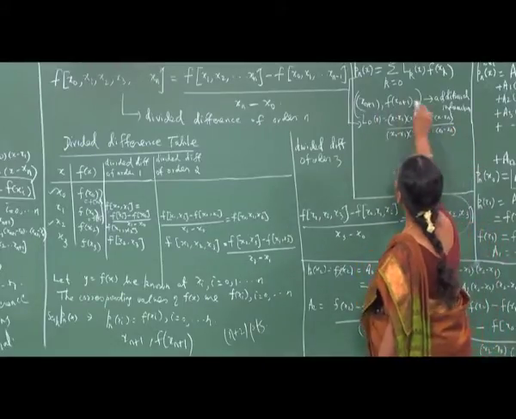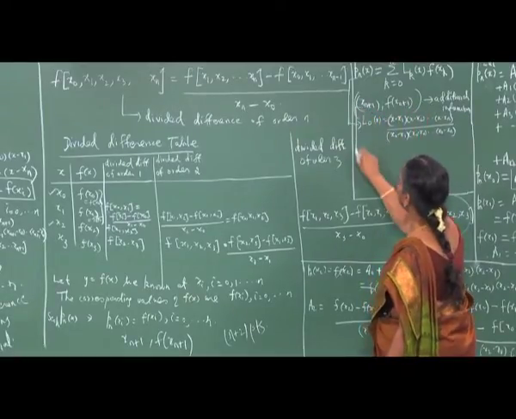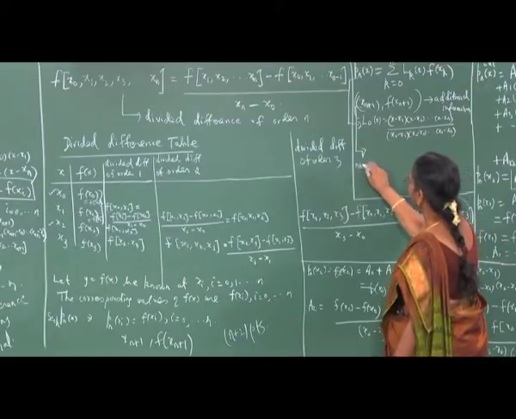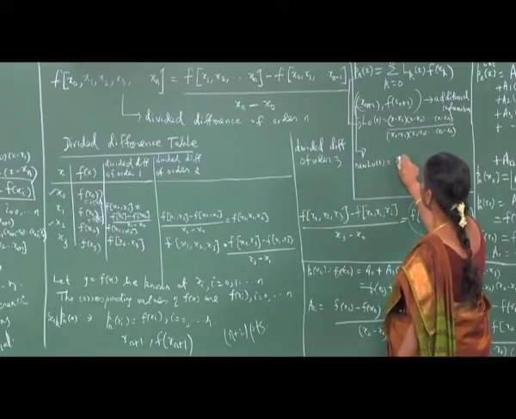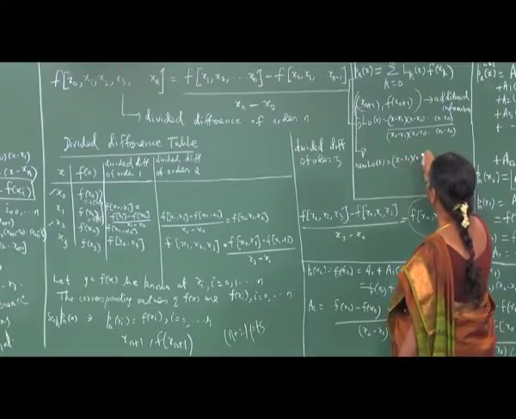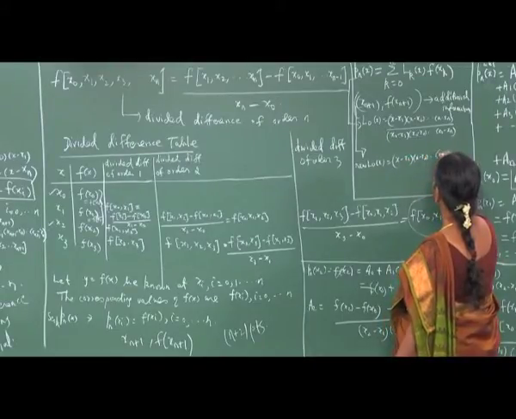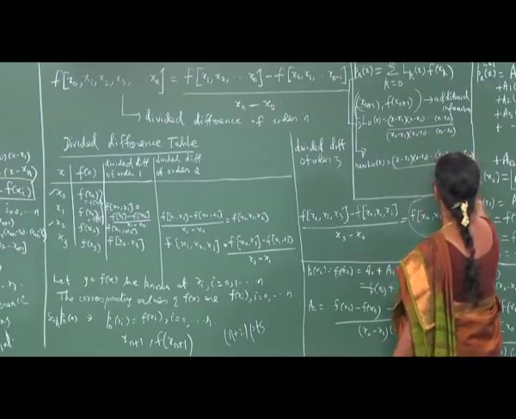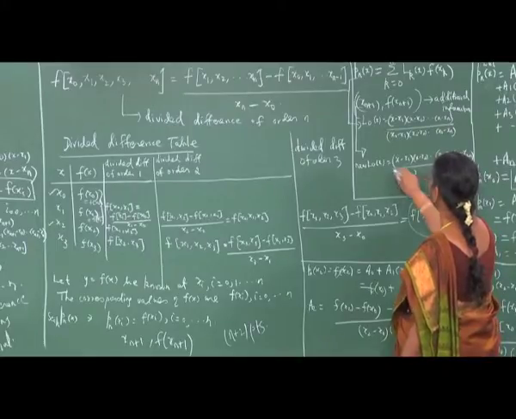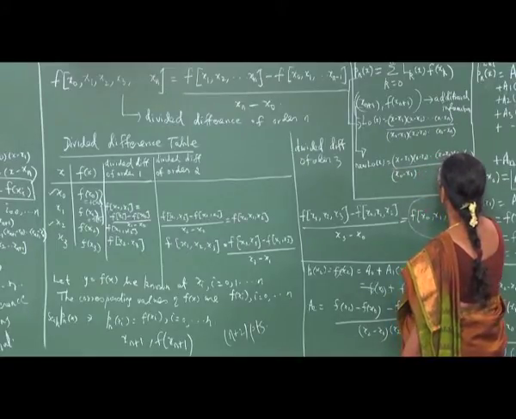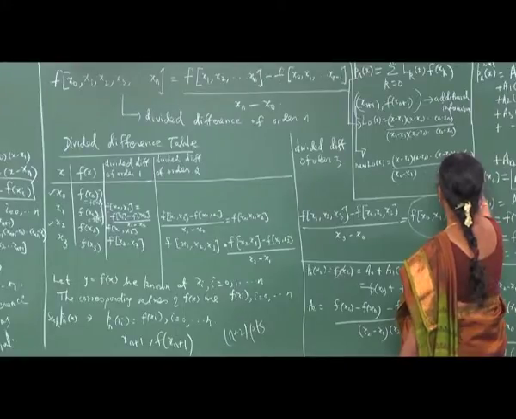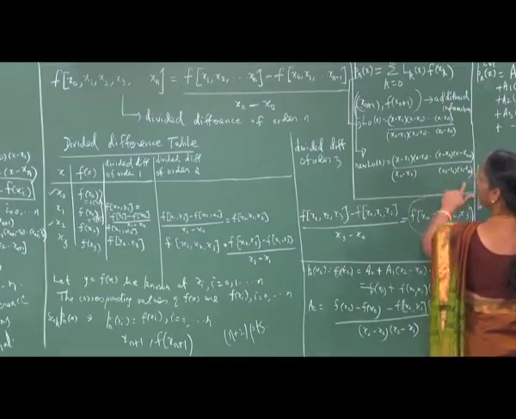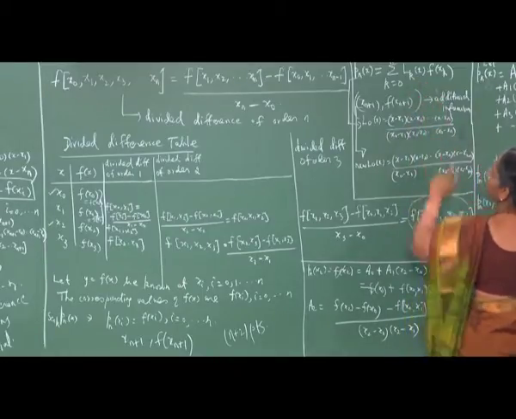But if you want to construct a polynomial of degree now n plus 1 to incorporate this additional information, the new L naught of x must be x minus x1 into x minus x2, etc., up to x minus xn into x minus xn plus 1 divided by x naught minus x1, etc., x naught minus xn into x naught minus xn plus 1. So, this must be multiplied by f of x naught to give you the first term.